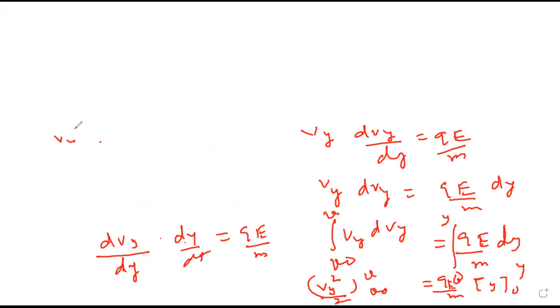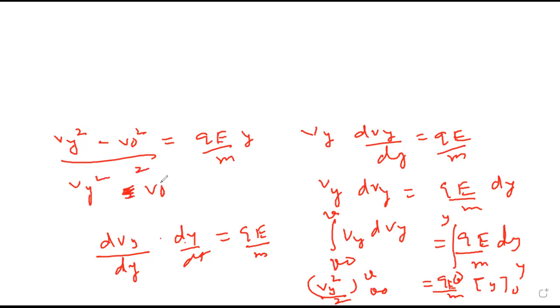So vy squared minus v naught squared upon 2 is qE upon m into y. So vy squared minus v naught squared is 2qEy upon m.